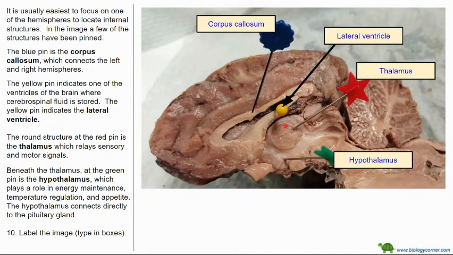That relays sensory and motor signals, kind of like the Union Station of our signals, going back and forth. And then below that, remember hypo means below. Below the thalamus is the hypothalamus, all right, which plays a role in energy maintenance, temperature regulation, and appetite. All right, and that connects directly to the pituitary gland, but we don't see that here.